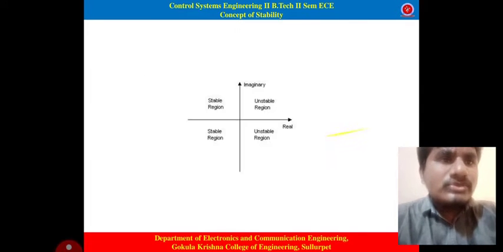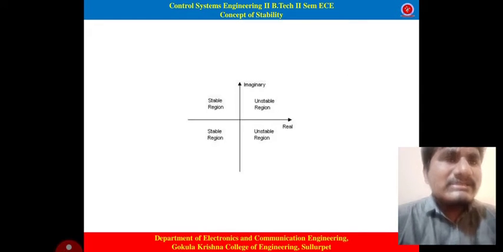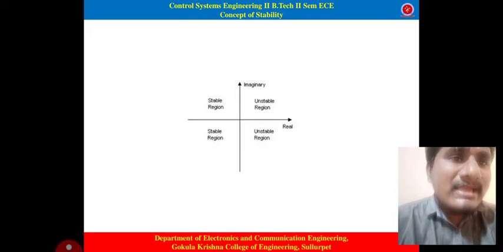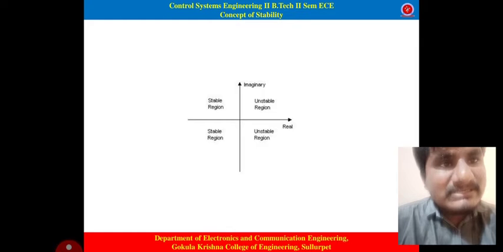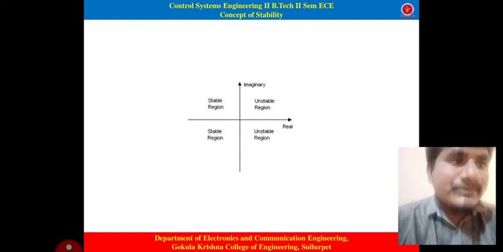Okay, so we can state something like, if the poles are lying on the left side of the imaginary axis, that time we will be getting a stable system. Similarly, if the poles are on the right side, then undoubtedly it is an unstable system.